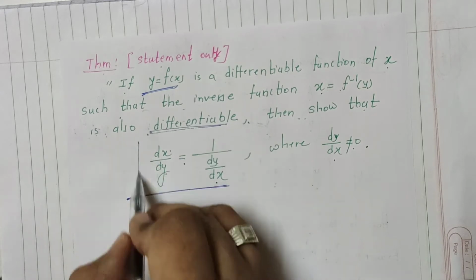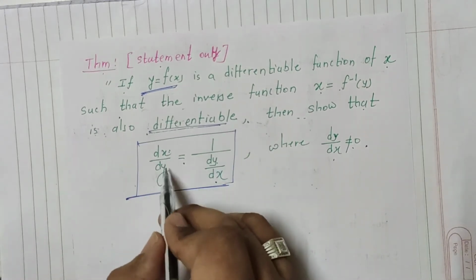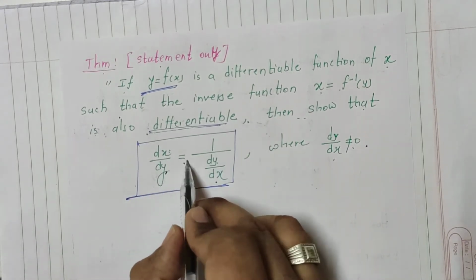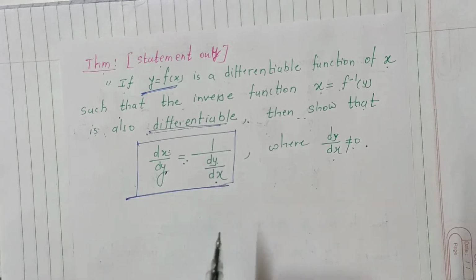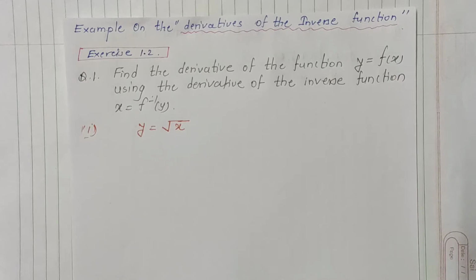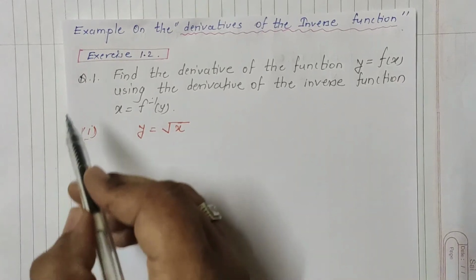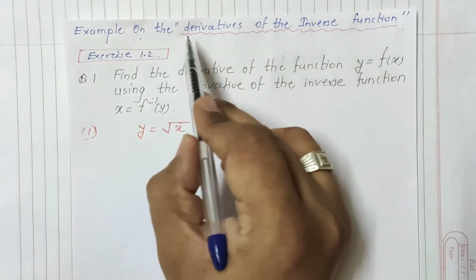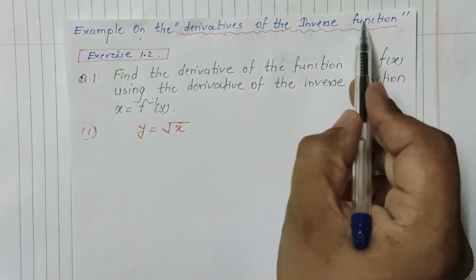Note this formula: whenever you have to find the derivative of x with respect to y, it is equal to 1 upon dy upon dx.